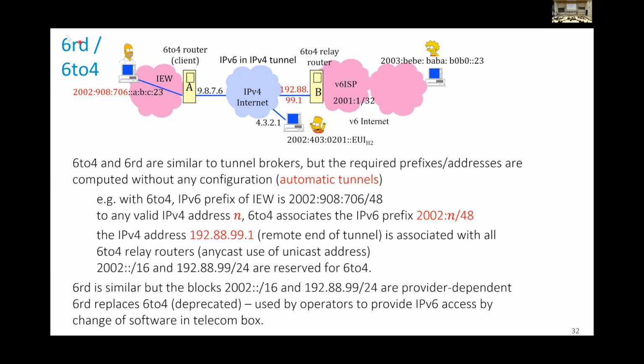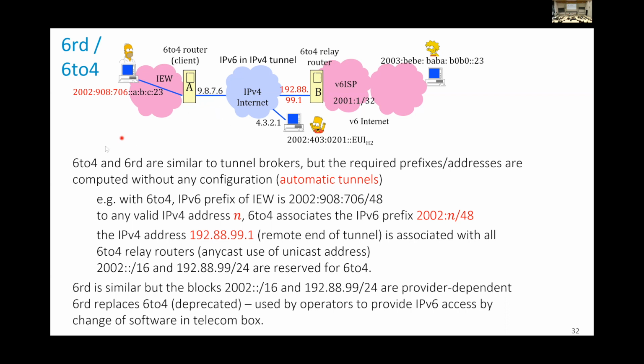It uses the same idea of a tunnel, but probably the first thing is that the B part of the tunnel will be a carrier grade tunnel endpoint, so to provide good performance. And the other part, which is more interesting, is that the choice of addresses will be completely automatic.